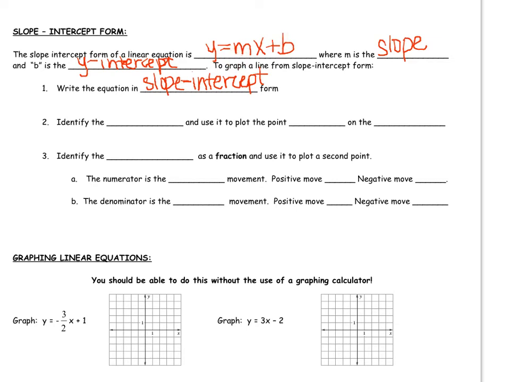So make sure you actually put it in slope-intercept form. Your x term comes first, and then your constant, your b, comes last. So we write it in slope-intercept form, then we identify the y-intercept and use it to plot the point (0, b), so to put our y-intercept on the y-axis.